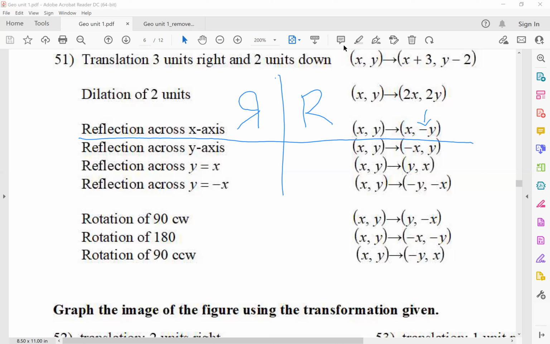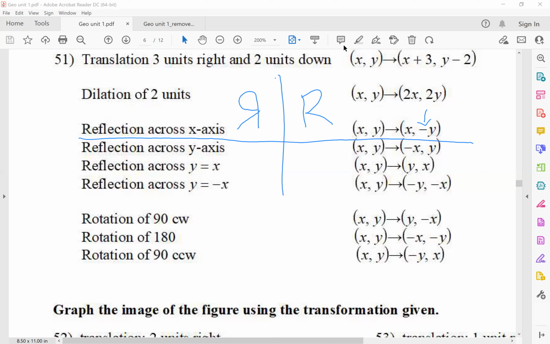It doesn't necessarily mean I'm going to make it negative. It means I'm going to change the sign. So if it was positive, change it to negative. But if it was negative to begin with, you're going to change it to positive. The negative of a negative becomes a positive. So if it's reflection across the x-axis, all I'm going to do is change the sign of the y value.